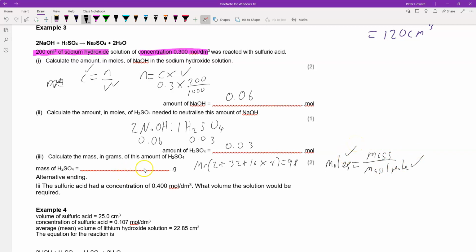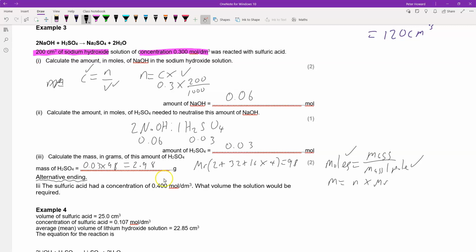So the mass is equal to n times Mr. So this is going to be 0.03 times 98, giving me 2.94 grams.